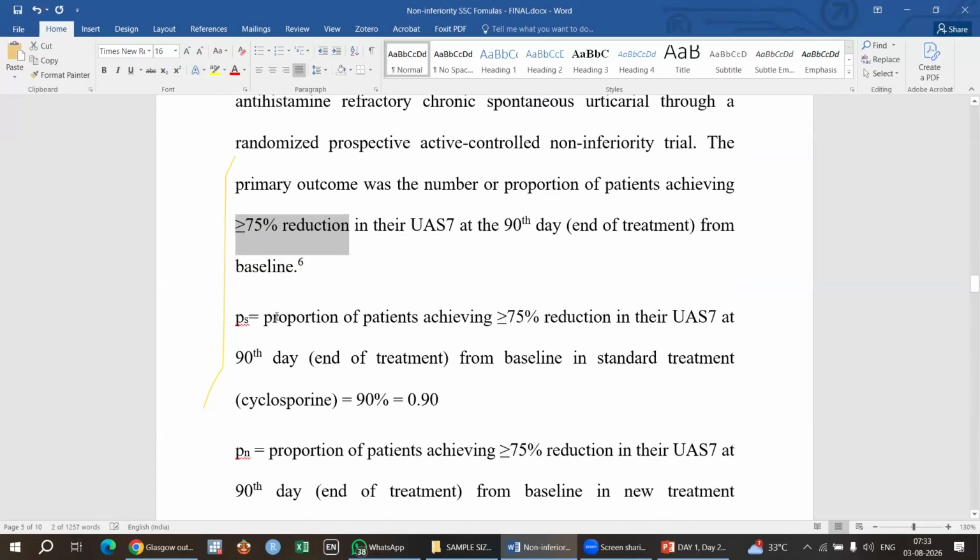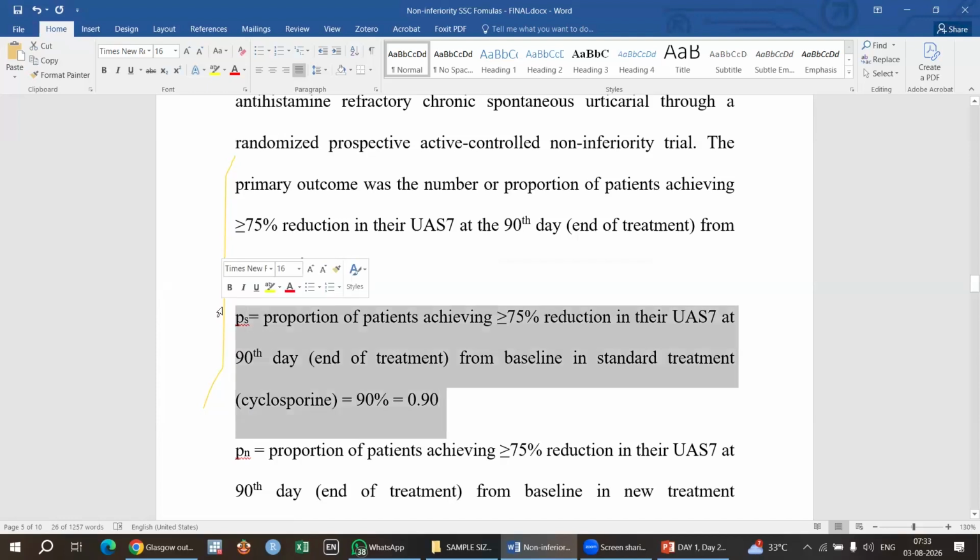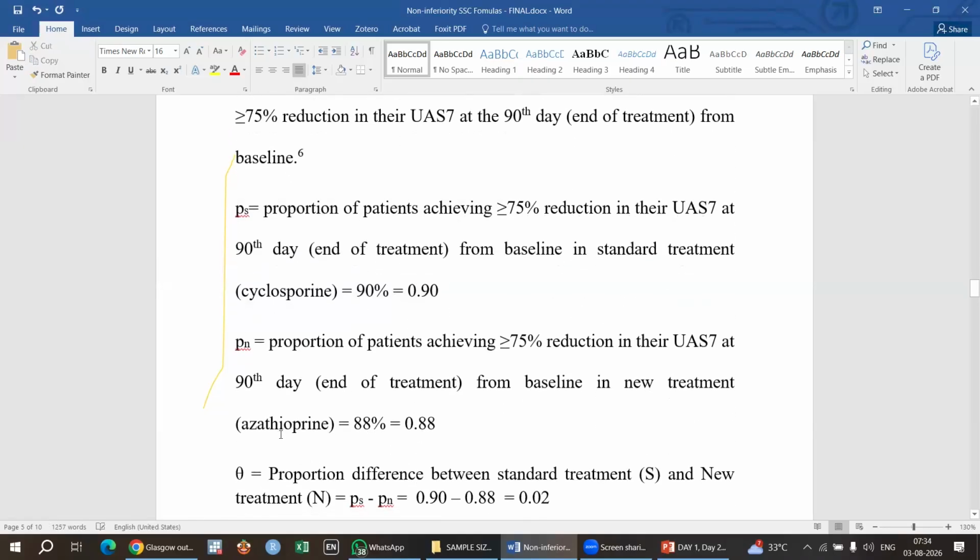So PS means the proportion of patients achieving equal to or greater than 75% reduction in their UAS7 at the 90-day end of the treatment from baseline in standard treatment. This is coming 90%. Okay, 90% of the patients achieved greater than or equal to 75% reduction in their UAS7 at 90 days.